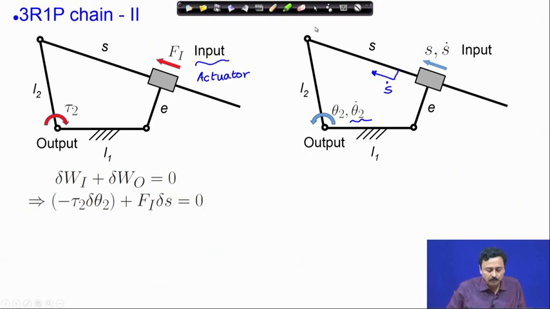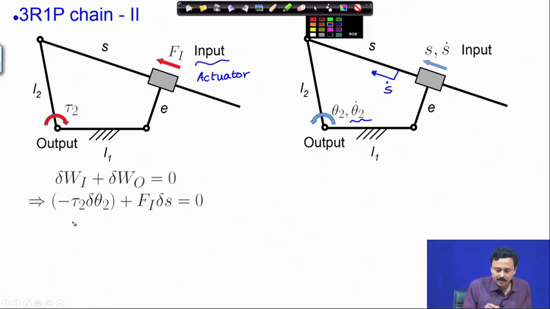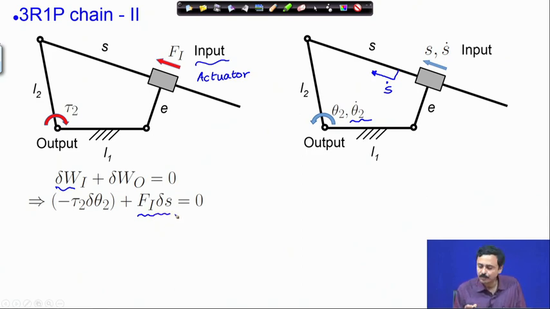So, the principle of virtual work states that the net work must vanish. Now, at the input we have Fi as the force and delta S as the virtual displacement, and this is delta Wi.